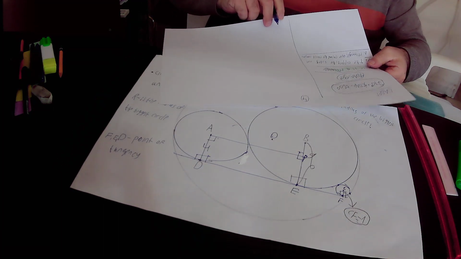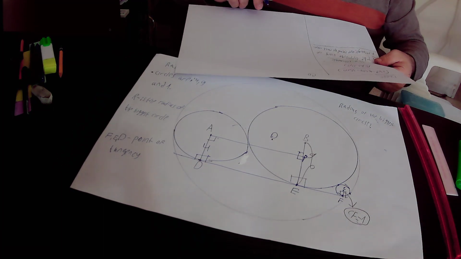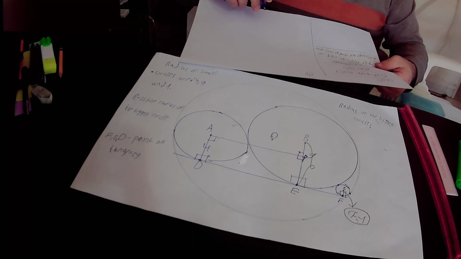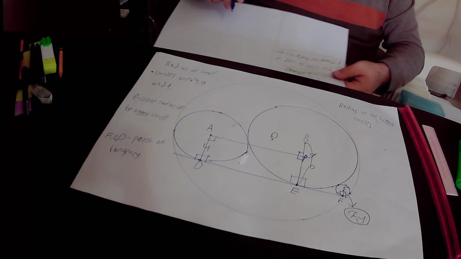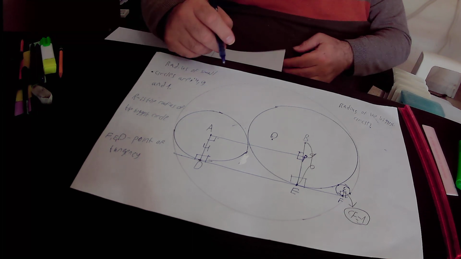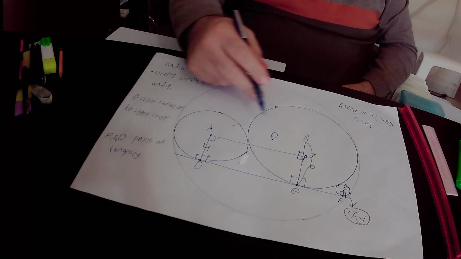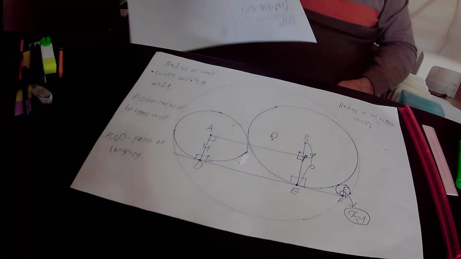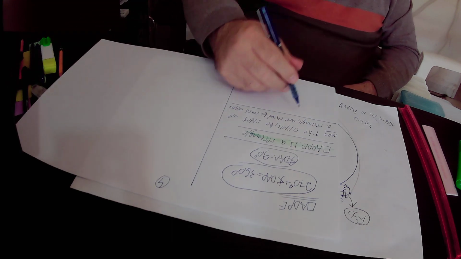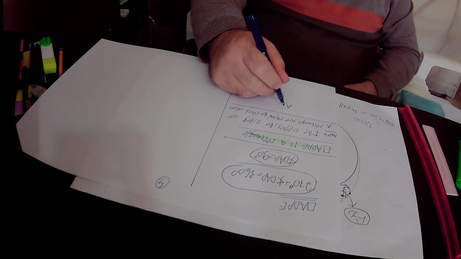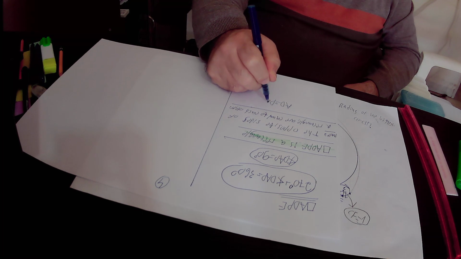So according to rule number 2, that states that the opposite sides of a rectangle are equal to each other, AD will be equal to PE.